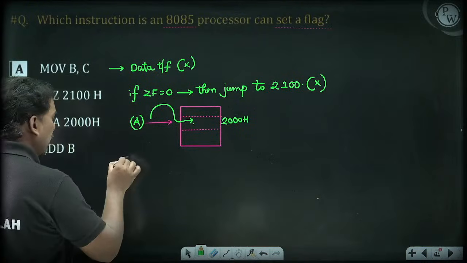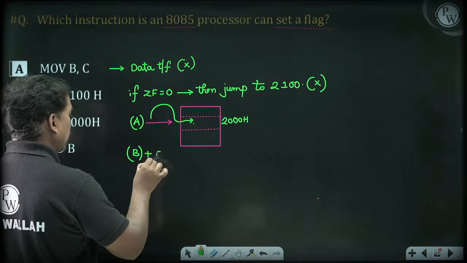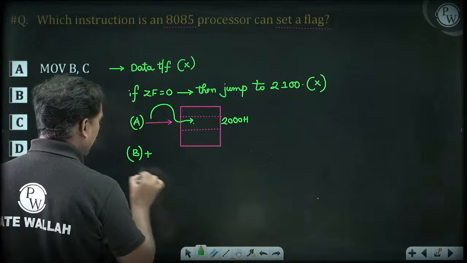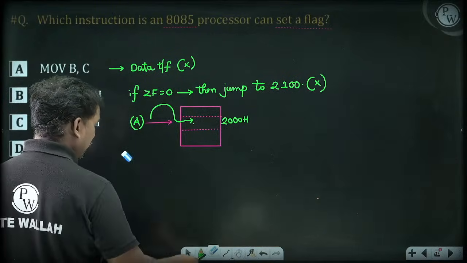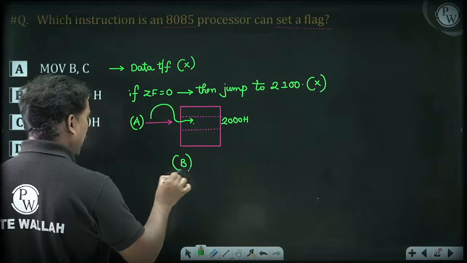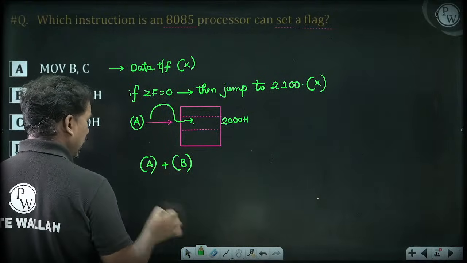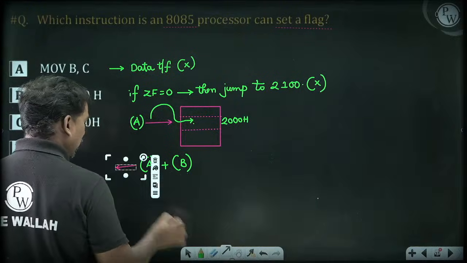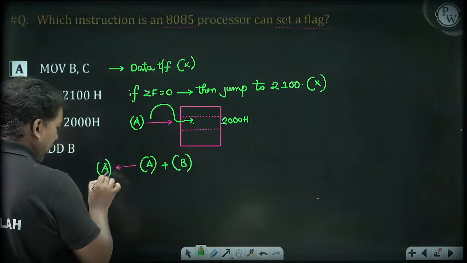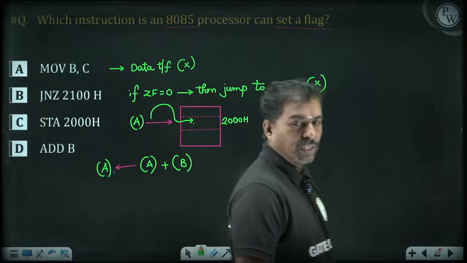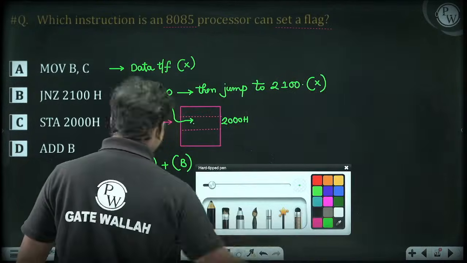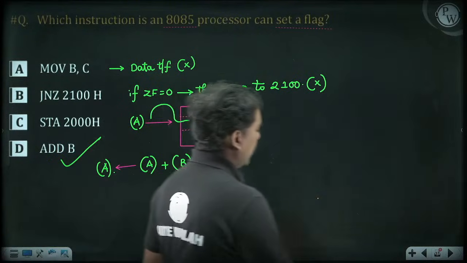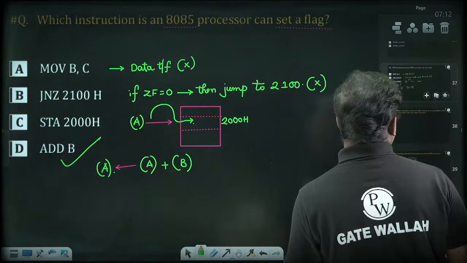Next, ADD B. The contents of the B will be added to the contents of the A, and the result will be stored into the A. So here there is a possibility of carry flag. So option D is the right answer. Let us go for the next question.